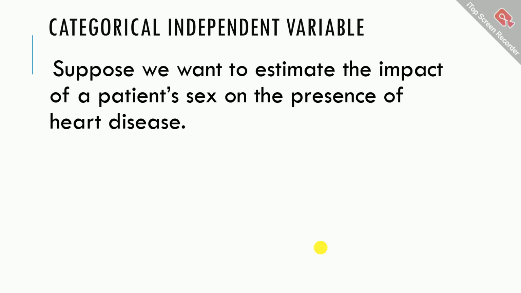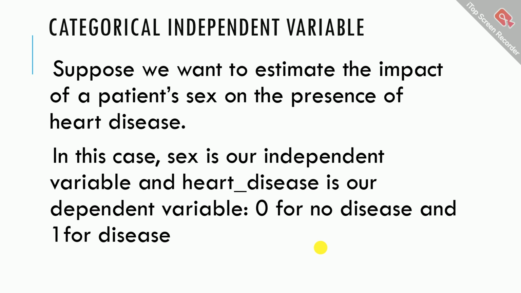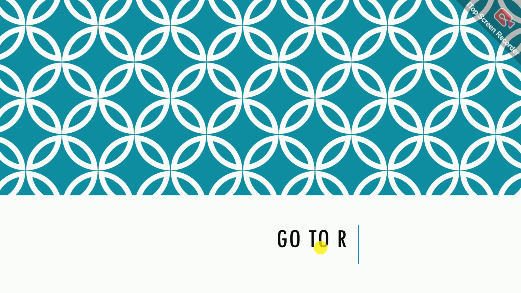Let us suppose we want to estimate the impact of a patient's sex on the presence of heart disease. Then in this case, sex will be our independent variable, and heart disease will be our dependent variable, with 0 meaning no disease and 1 standing for disease.